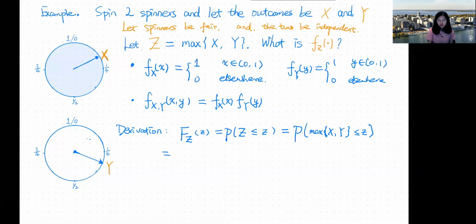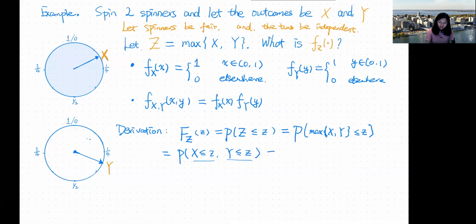The event that the maximum is less than or equal to little z is equivalent to both being less than or equal to little z. If both are less than or equal to little z, then the maximum is less than or equal to little z, and vice versa. So that equals the joint probability of these two events.